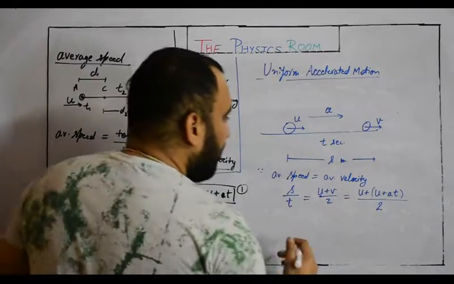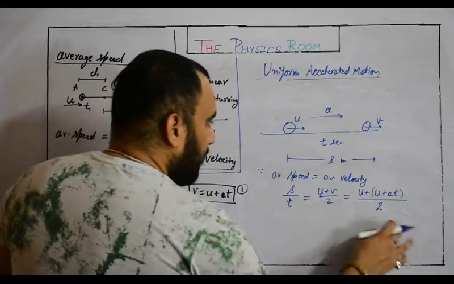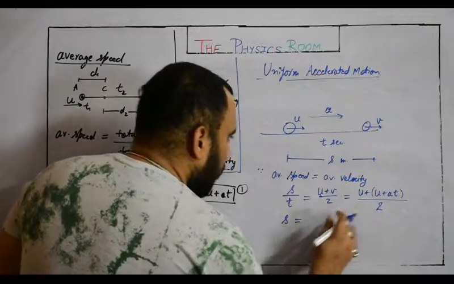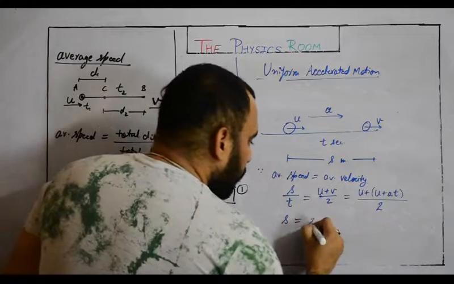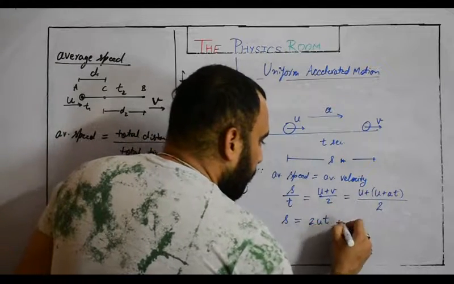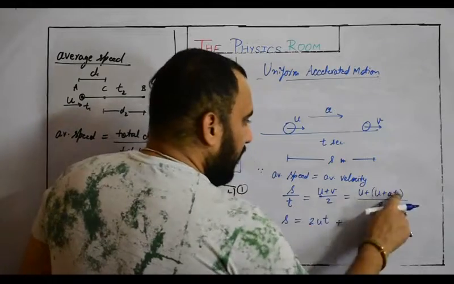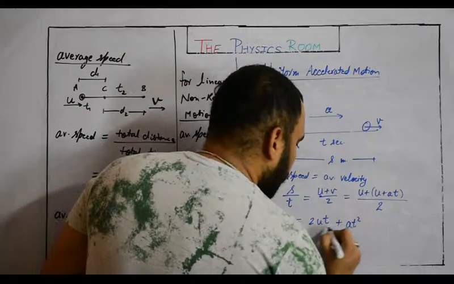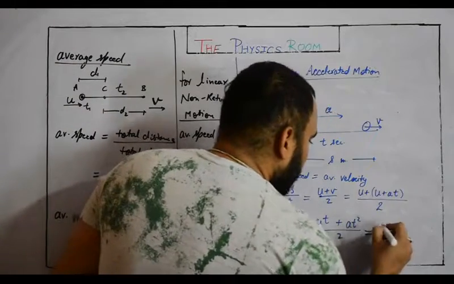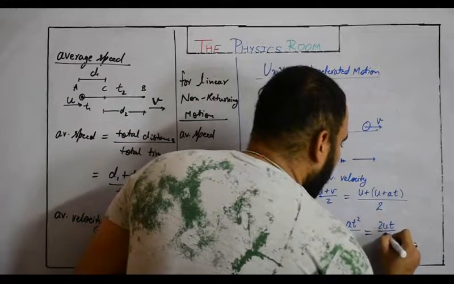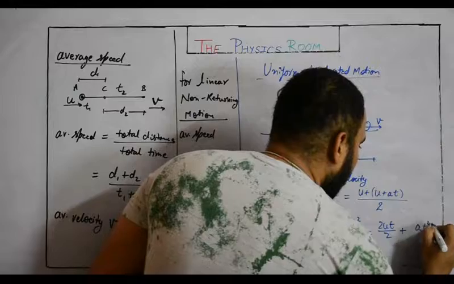Just cross multiply the things if you want, or keep the 2 as denominator here and send t there. So it will become s equals (2ut plus at into t, that is at square), and whole upon 2. Separate the LCM. So you will get 2ut upon 2 plus at square upon 2.